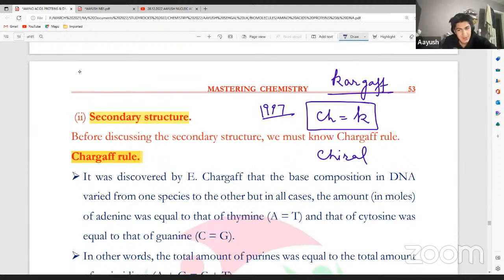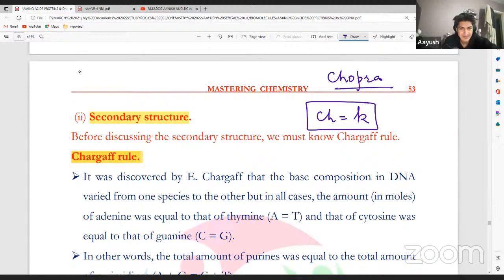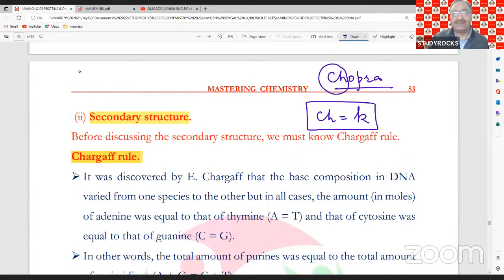It has been decided once and for all, because there was a problem in chemistry, and in India we call it the Chopra-Kopra problem. You must have heard this surname, Chopra. This is Chopra and Kopra. This is CH, chiral. It has been decided by IUPAC in the year 1997.